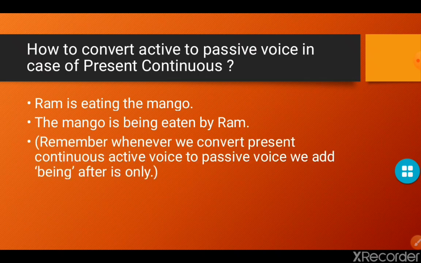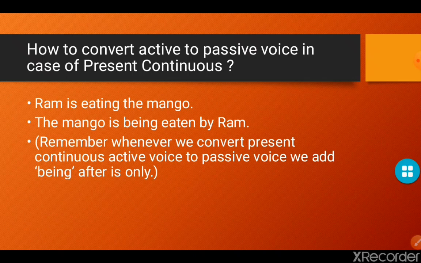Remember, whenever we convert present continuous active voice to passive voice, there is no change in the sentence. Only two things are changed. What? We add being after is, and the third form of verb is used.